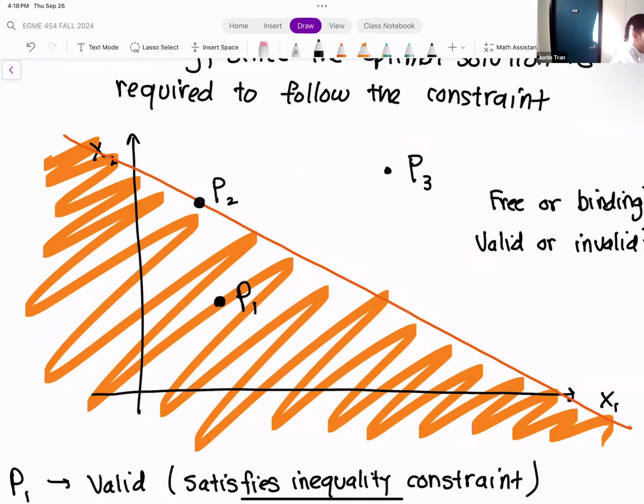If P1 was the optimal point and P1 was automatically in the valid region, then we might as well not have considered the inequality constraint at all, because it didn't have an effect. So you could argue that if your inequality constraint is not binding, then that constraint plays no impact on the optimal solution at all.